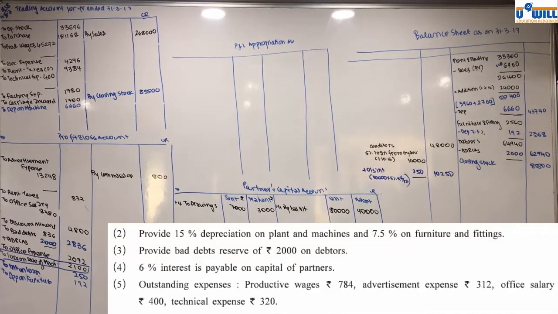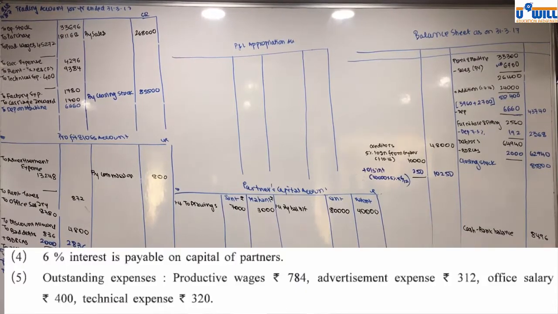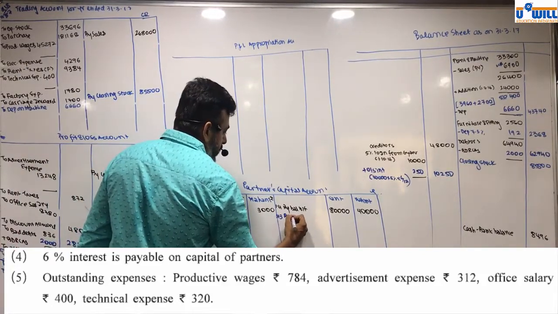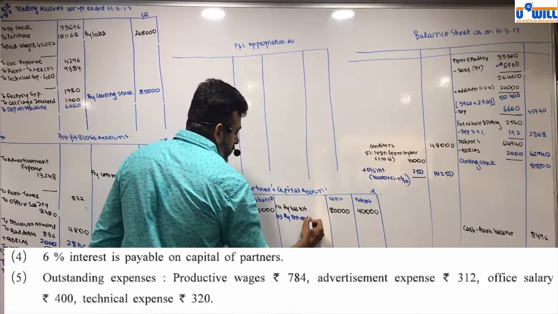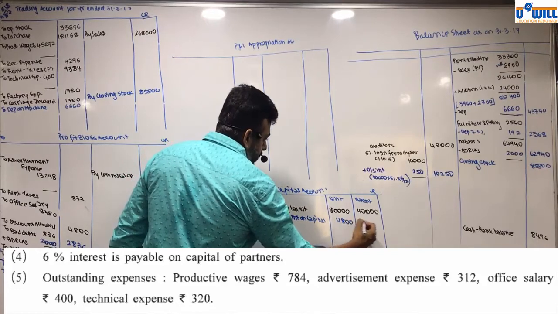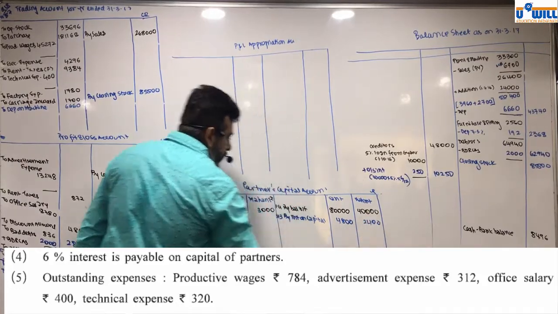6% interest is payable on capital of partners. So let's provide 6% interest. Below the balance, interest 31.3, by interest on capital. 6%, so 4,800 and 2,400.